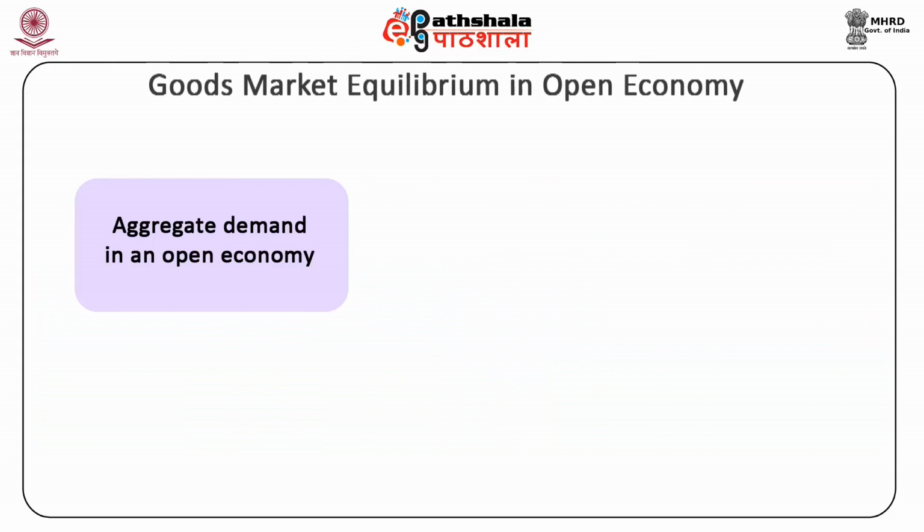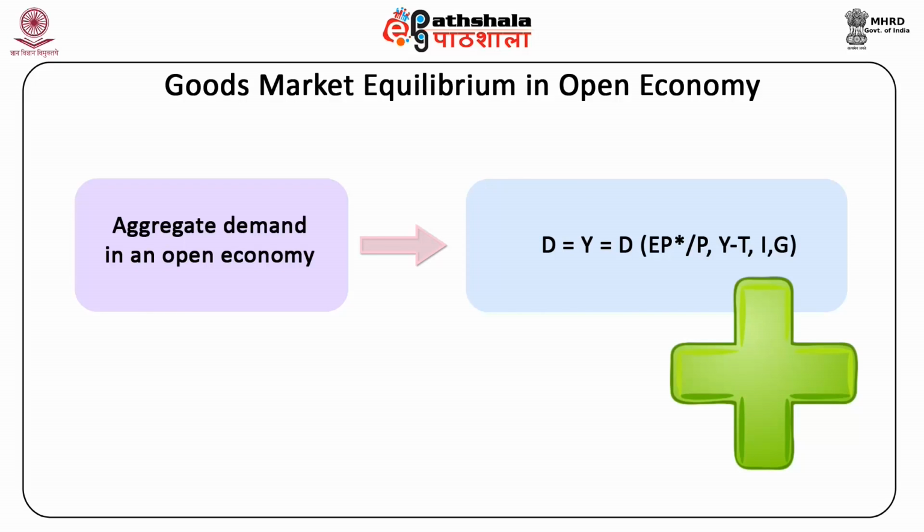Thus, aggregate demand in an open economy denoted by D is a function of domestic output, taxes, real exchange rates, and investment demand and government expenditure. In other words, Y = D, which is a function of EP*/P, Y minus T, I, G.